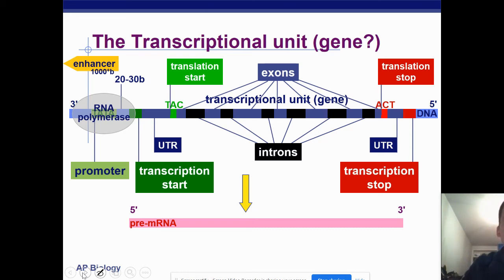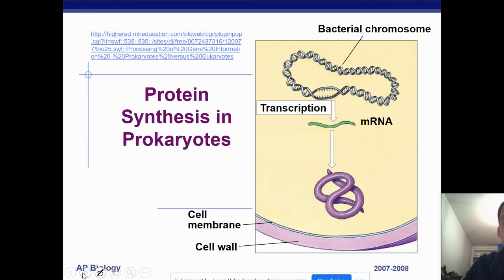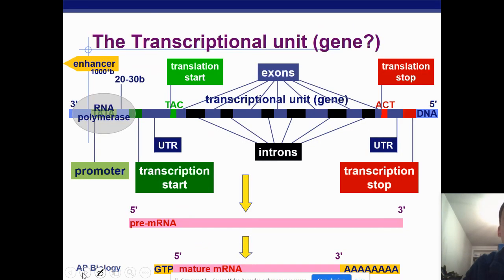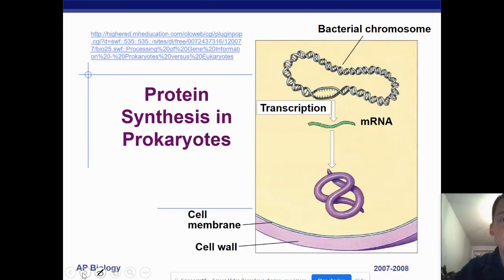So our pre-mRNA is going to turn into mature mRNA. We're going to get a cap and a tail, and that is going to be used at the beginning and at the end to protect it. And then a ribosome is going to meet up with a mature mRNA, and we're going to make a protein from this. So that is the transcriptional unit.